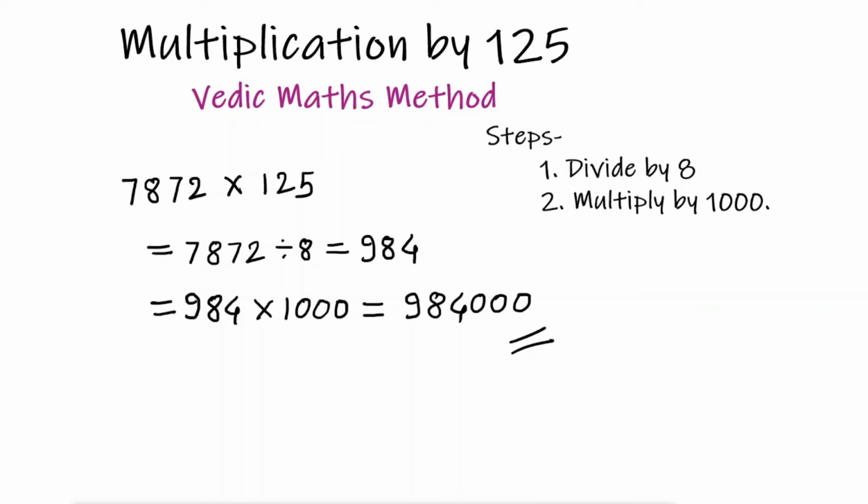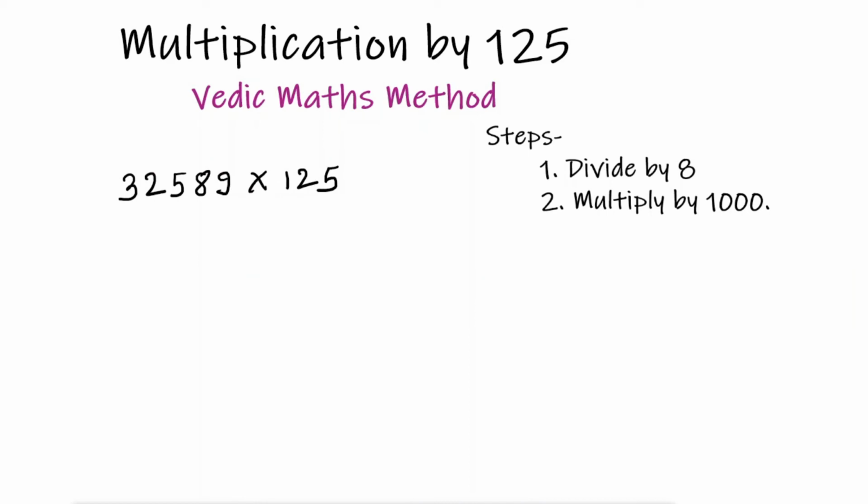Let's take a big example. 32,589 multiplied by 125. Now you can see this is a big example, but we don't have to worry because we have Vedic maths tricks. So let's solve. First step is divide by 8.